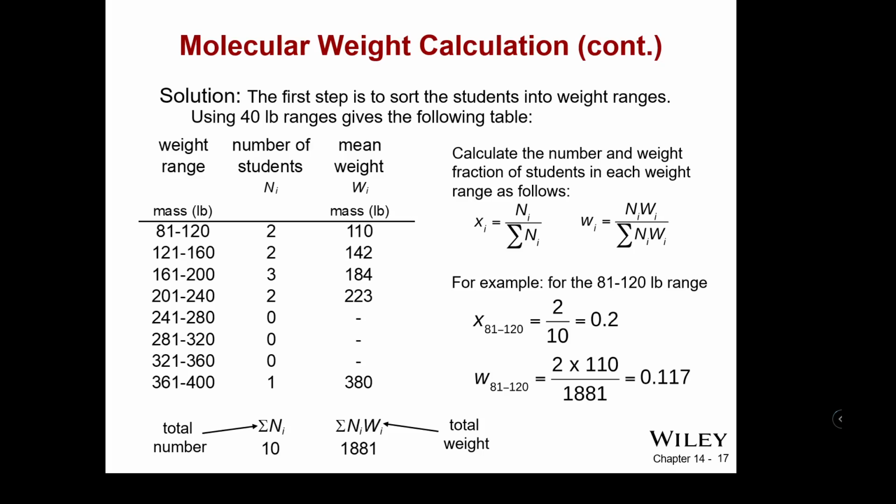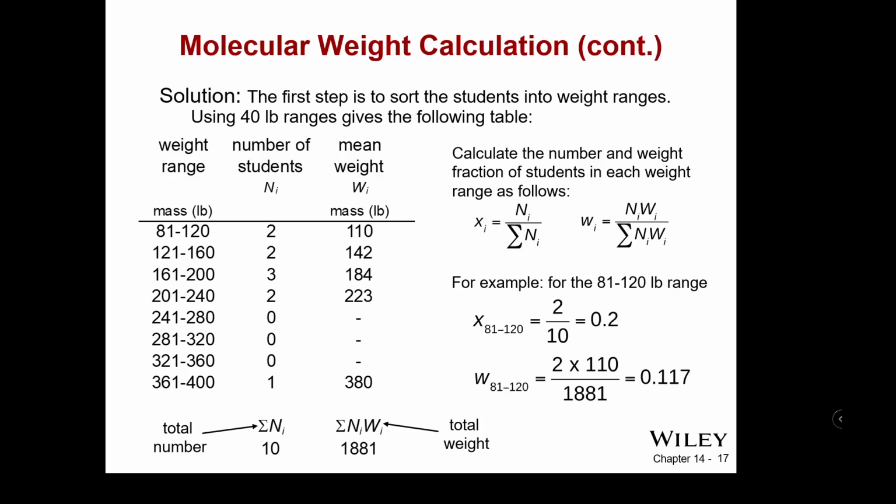So when we're looking at this, the first step is to group them into weight ranges so that we can give weighting to the number of students in categories. So we create buckets and put them into buckets, and there's 2, 2, 3, 2, and then 1 down at the bottom. So the total number is 10.